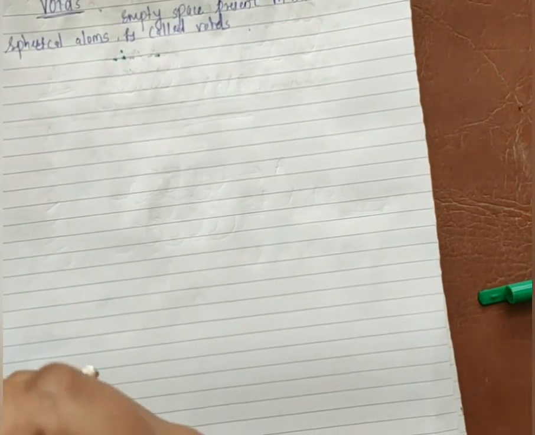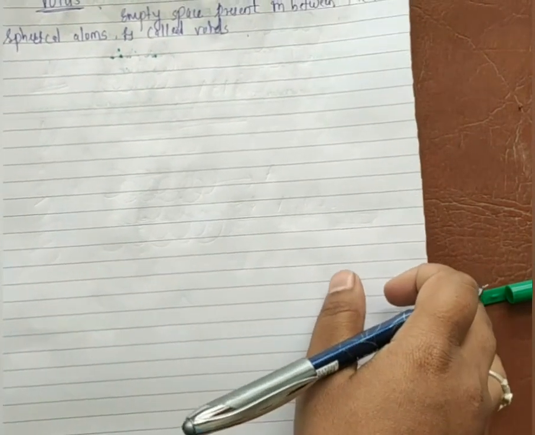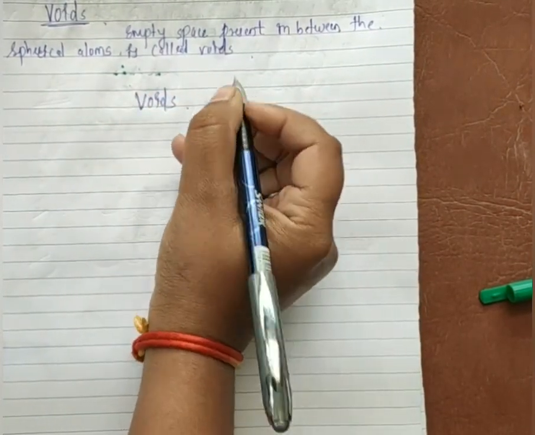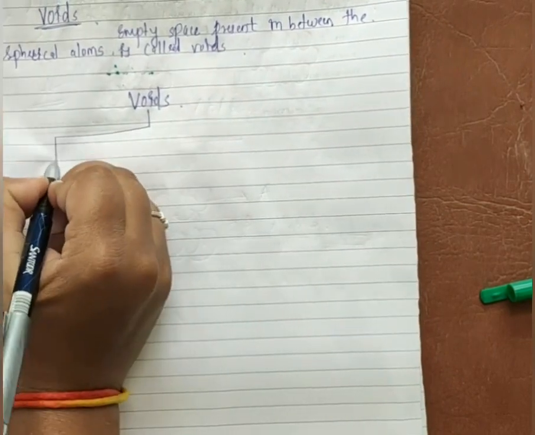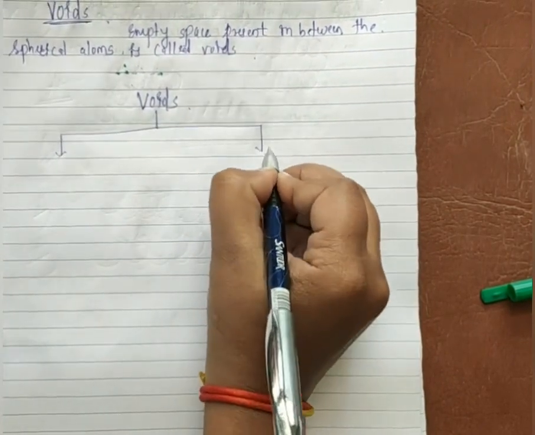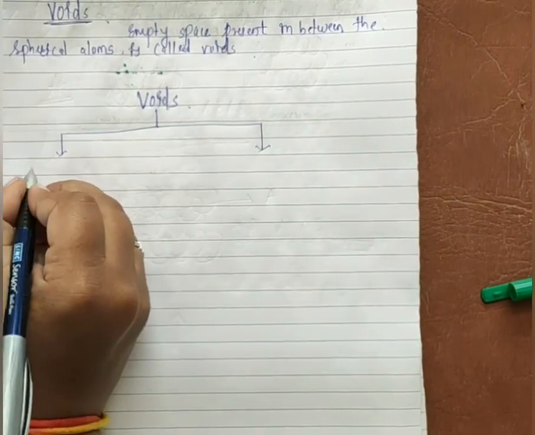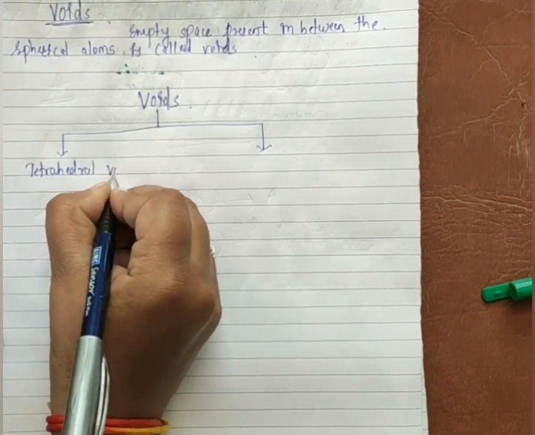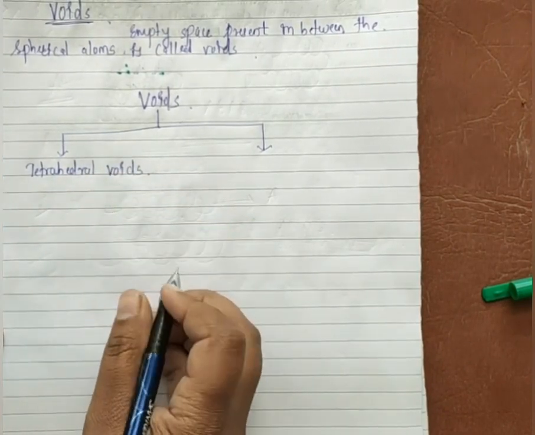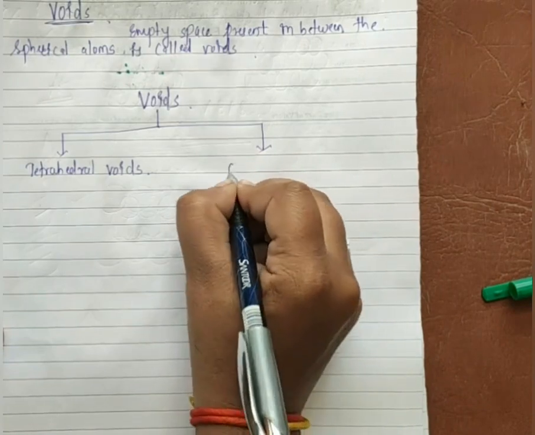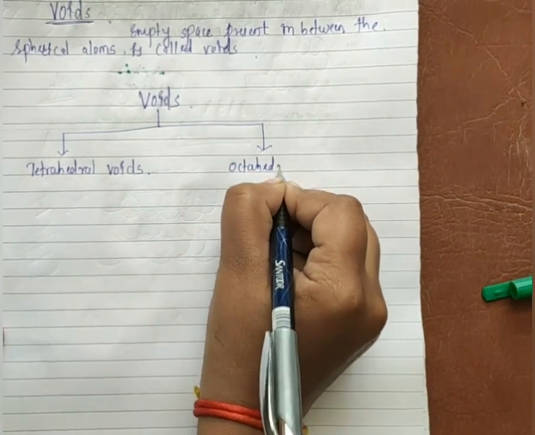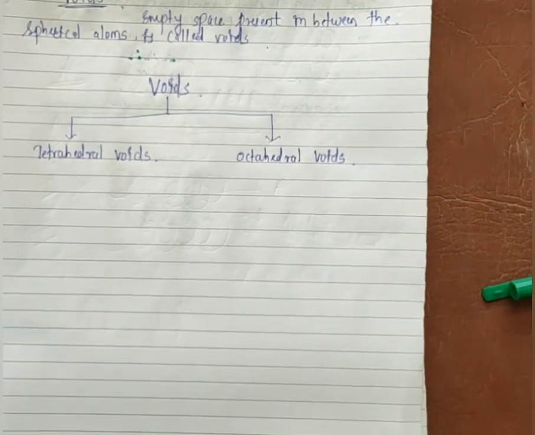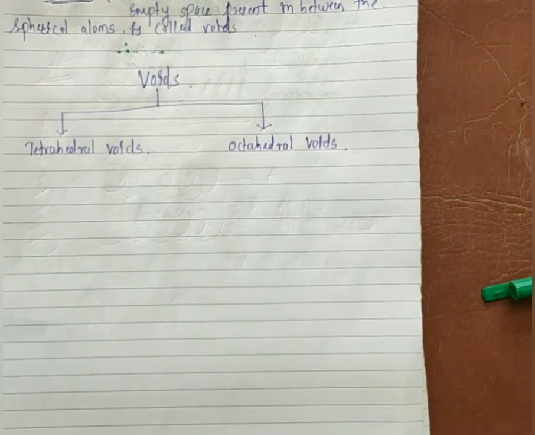These voids have two types. First we call it tetrahedral voids, and second is the octahedral voids.